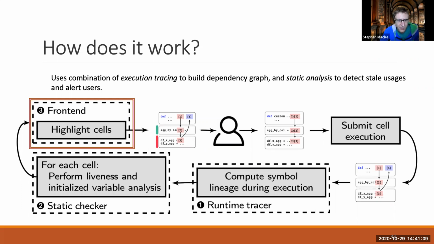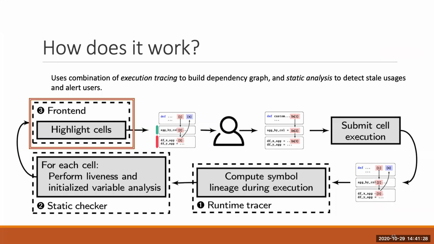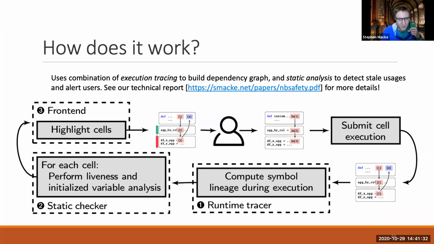But in a nutshell, we use sys.settrace in order to do the tracing. For the analysis, we just implemented it ourselves. We're not using any third-party tools or anything like that. Okay, thanks. Sure, no problem. And if you are interested in checking out the technical report, there is a link to it in the slides right here.